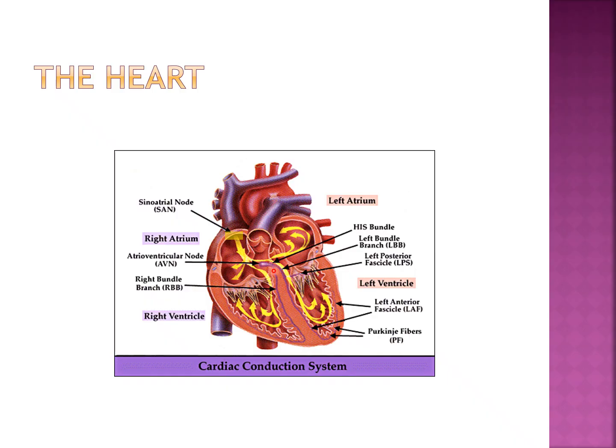And here's our AV node, or our junction, which is sometimes what it's referred to. And then if you see, we have our left bundle and then our right bundle. And so as long as you understand the pathways and how things move, you can kind of understand the rest of it.